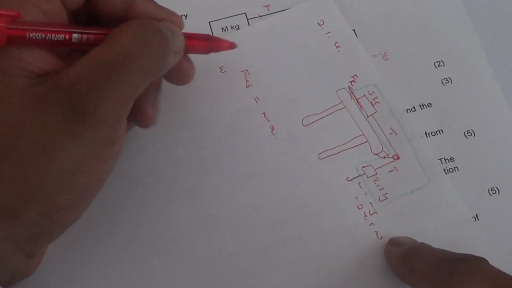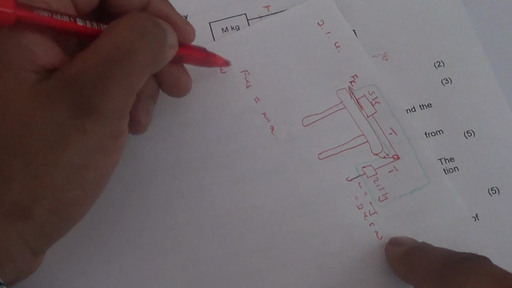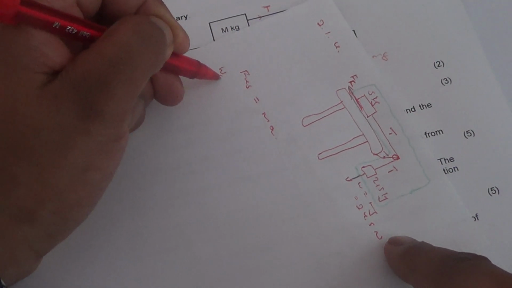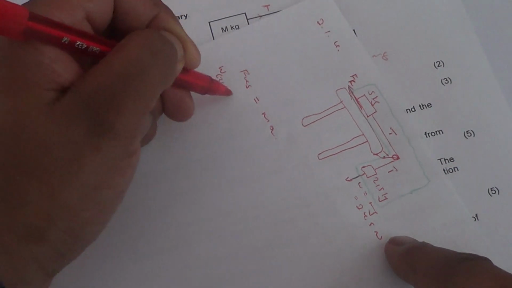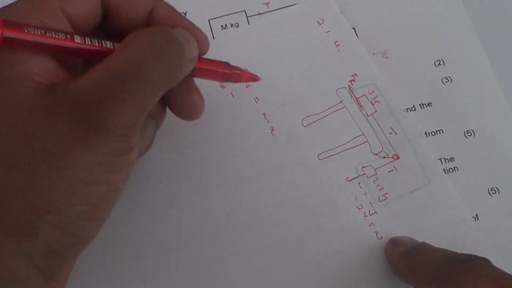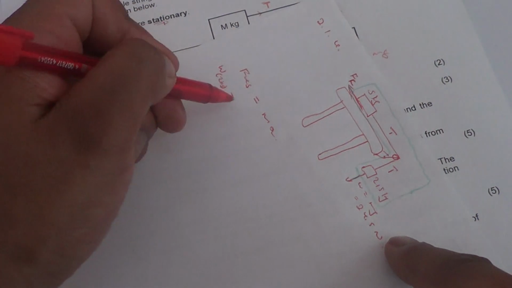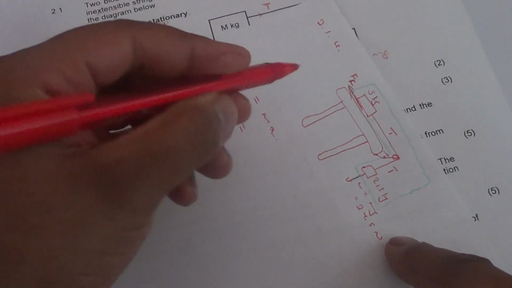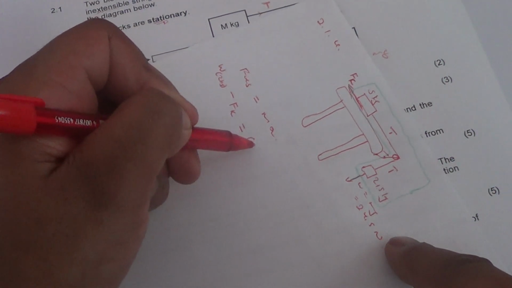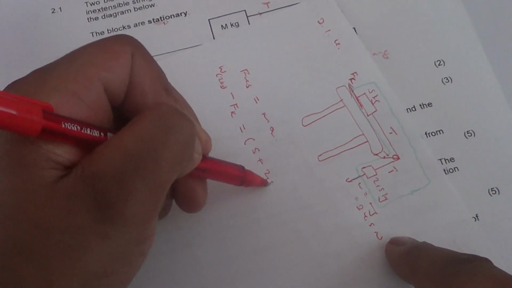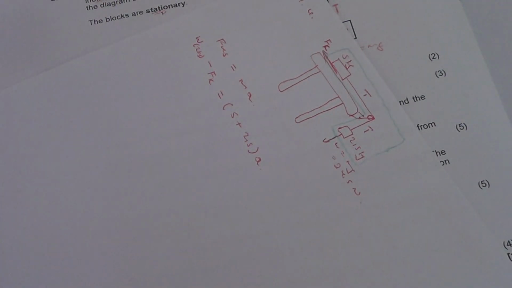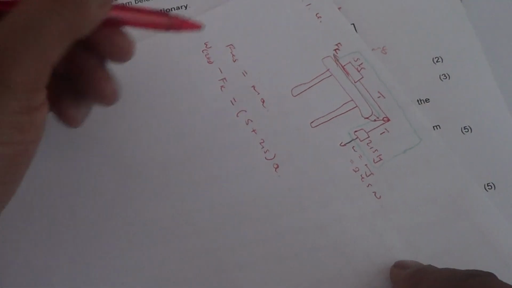So the W here of the 2 kg block, I don't know how to denote this one, but let's just say 2 kg minus the frictional force there, which is going to be Fk, equals these masses together, which is 5 plus 2.5 kgs, and then times the acceleration, which is the unknown. Alright, not a problem.